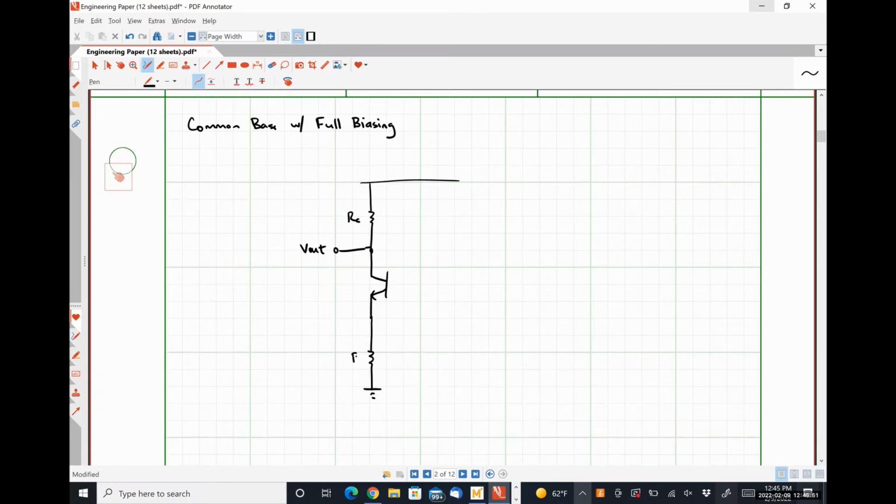We're going to have an emitter resistance here. Call this C coupling 1. Here is our signal resistance. Here's where our input voltage is applied.